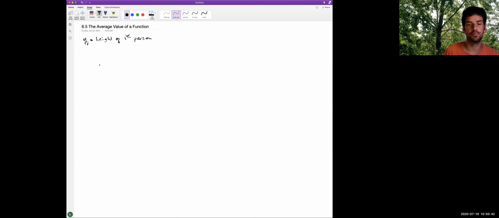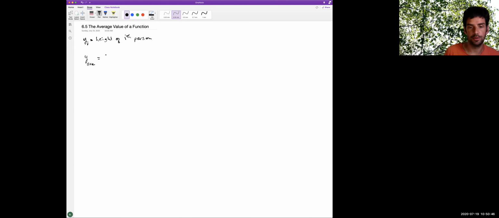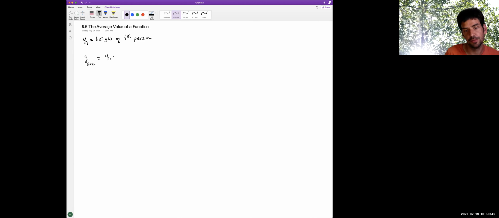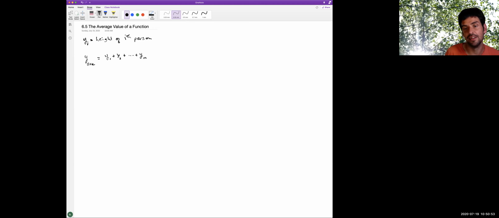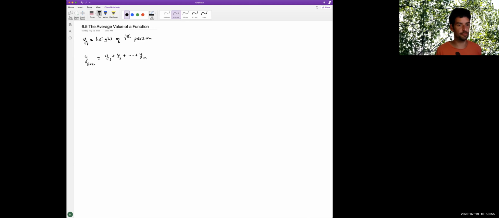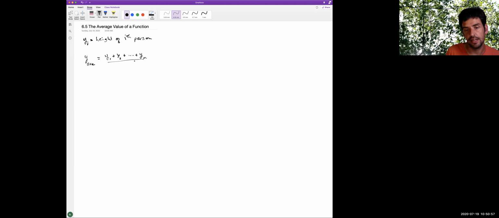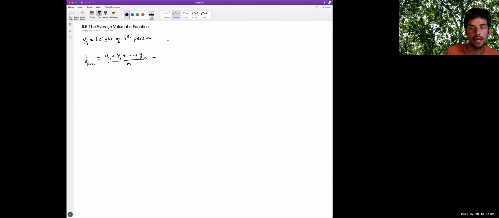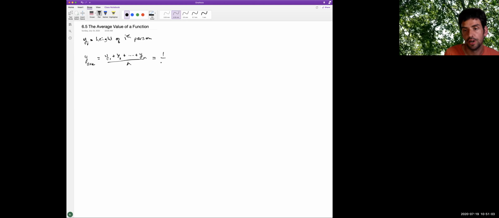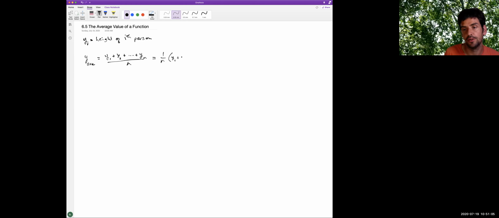If you wanted to compute the average value of the height of this group of people, you would simply add up the height of the first person, height of the second person, until you get to the nth. I'm assuming there are n number of people, whatever that is, and divide by n, right? Which we can write as 1 over n times this sum.